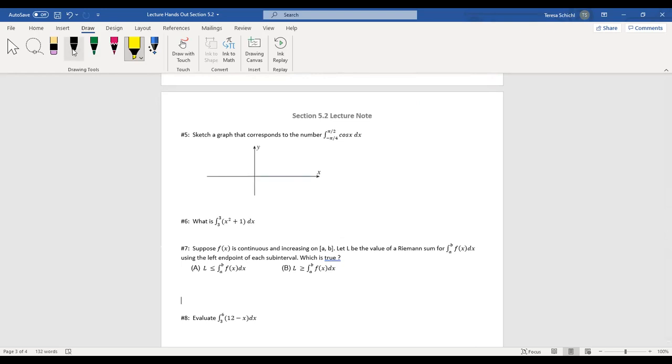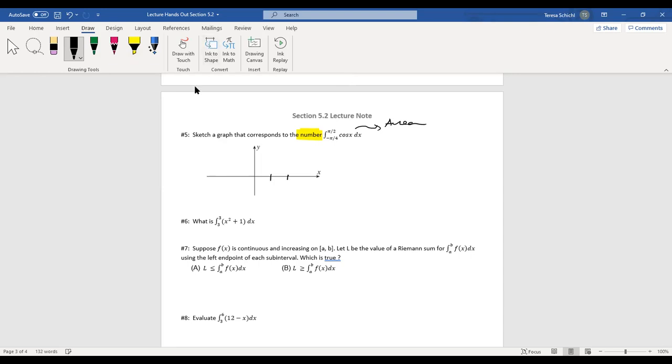Okay, now let's say, sketch a graph that corresponds to the number. That means, what does this number represent? This number represents the area, right? So how do we do that?